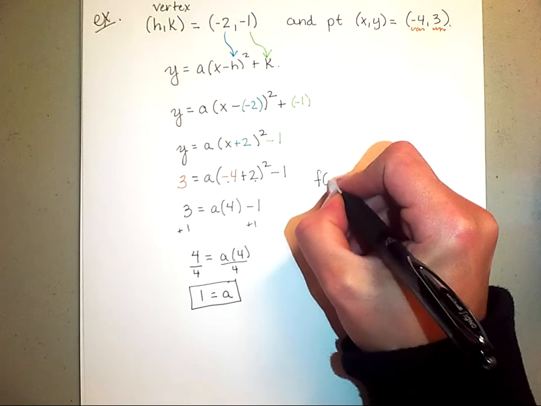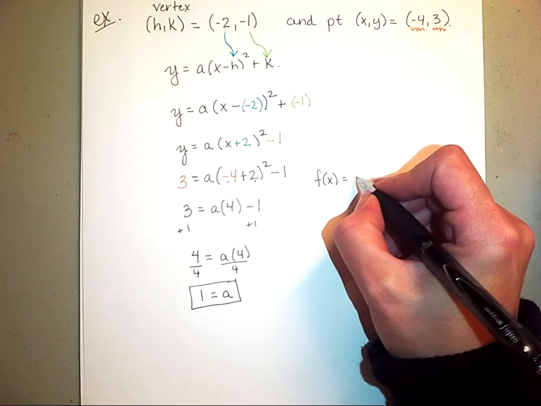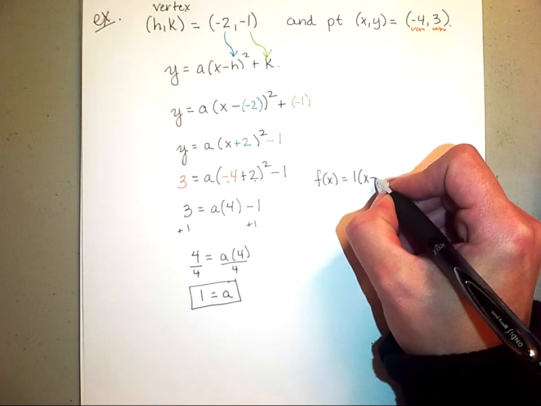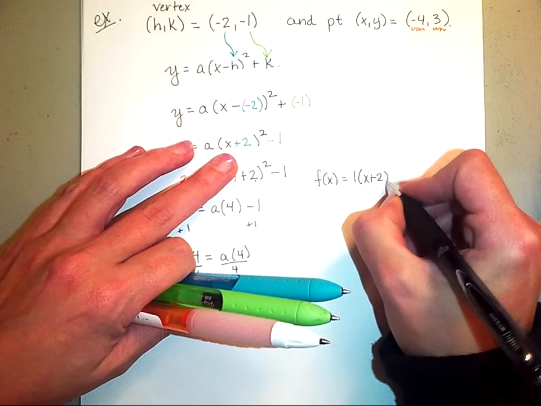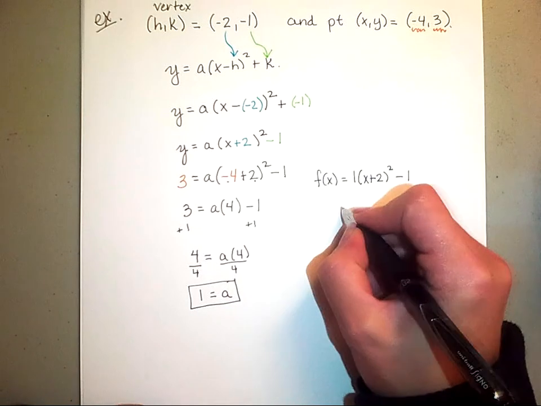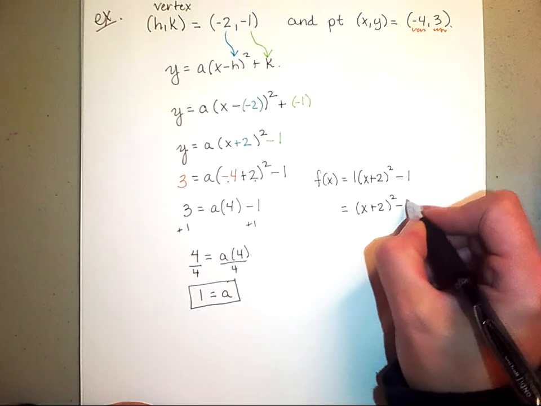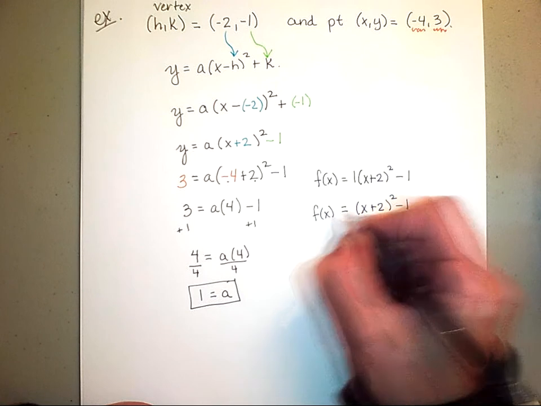So it goes to infinity just as quickly as our basic x squared. Okay. And we could write that then as a function. So f of x is equal to a, which is 1, times x minus h, which was plus 2, squared, minus 1. Which oftentimes we just leave off the 1 and write x plus 2 squared minus 1.